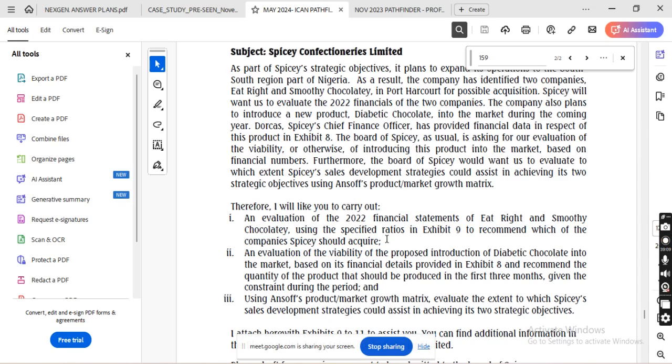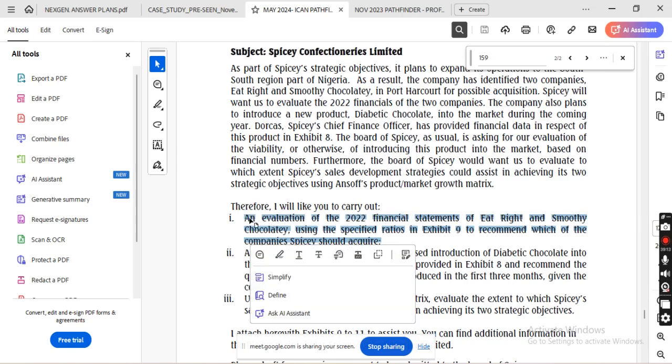Class, distinguished professional colleagues, this is your first requirement. Your boss is telling you, we want you to evaluate Eat Right and Smoothie using the specified ratios.